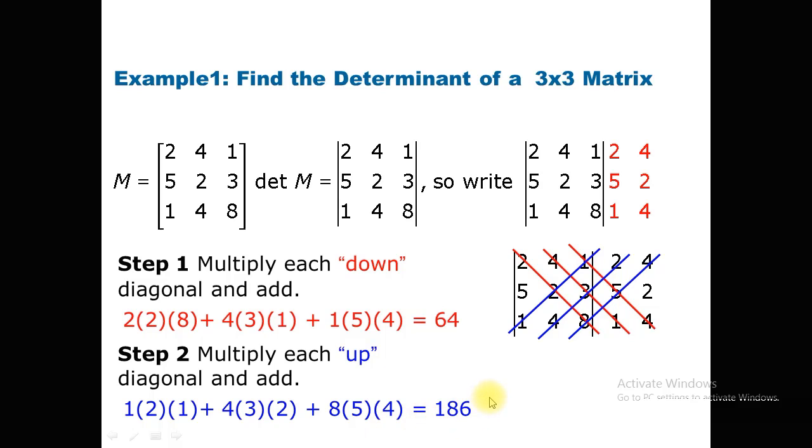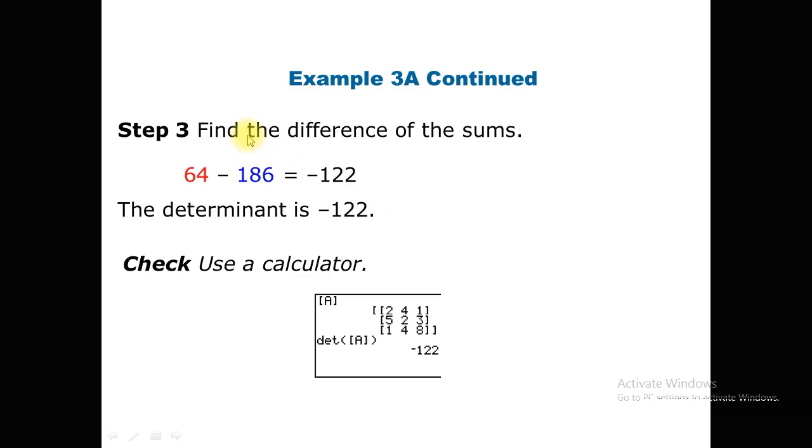Now subtract the sum of the product of the up diagonal entries from the sum of the product of the down diagonal entries, which you see here.